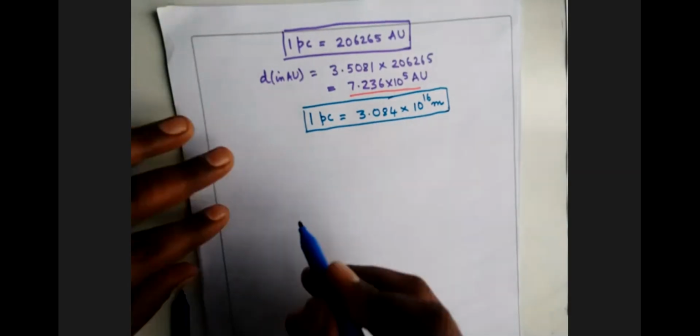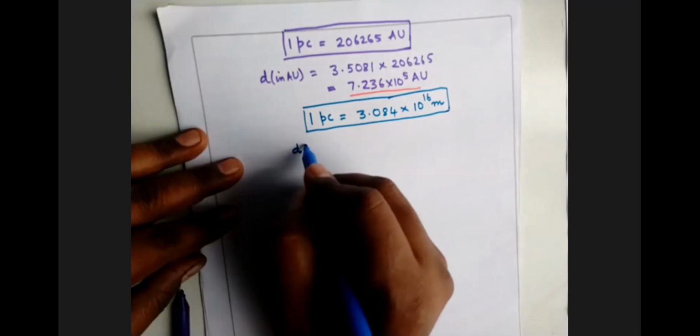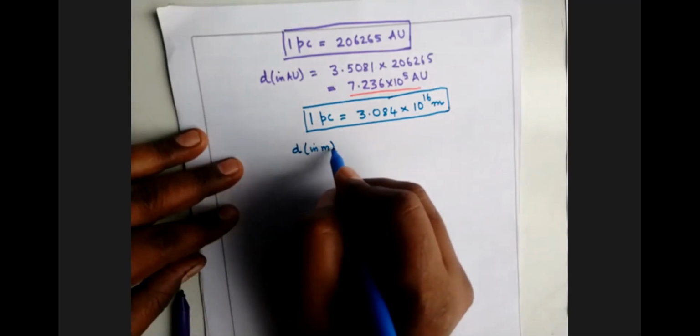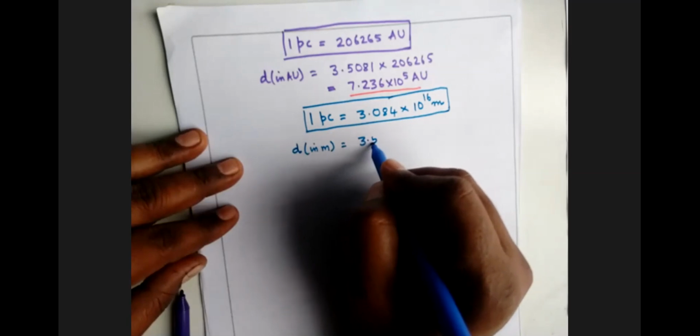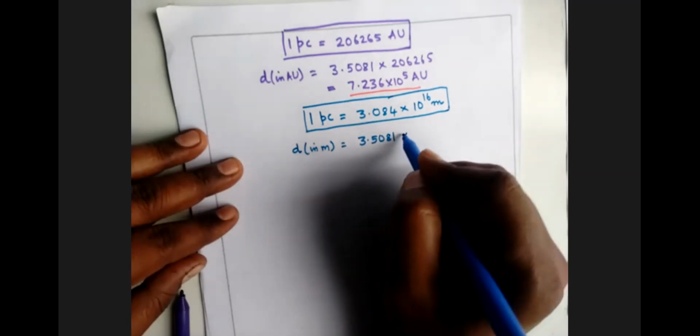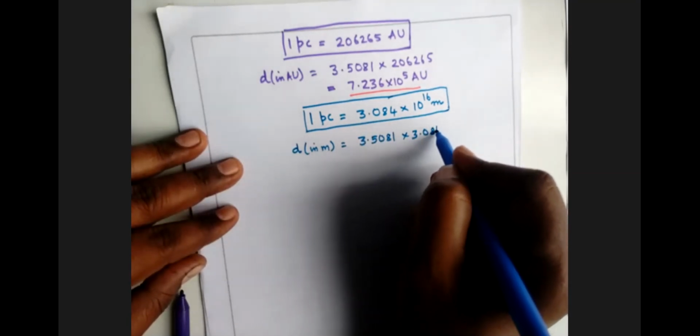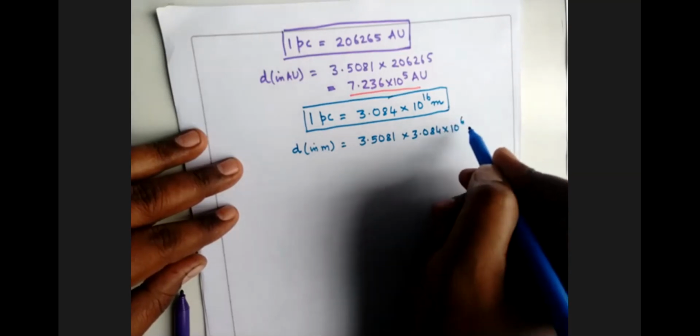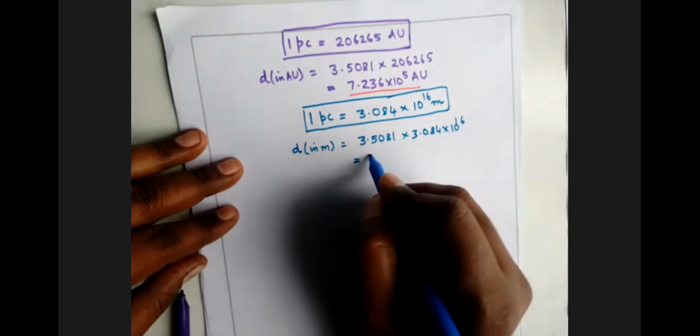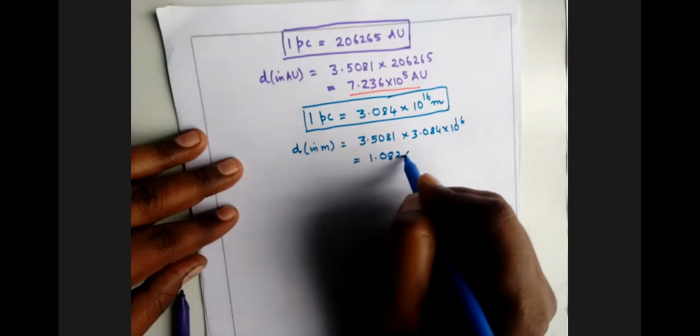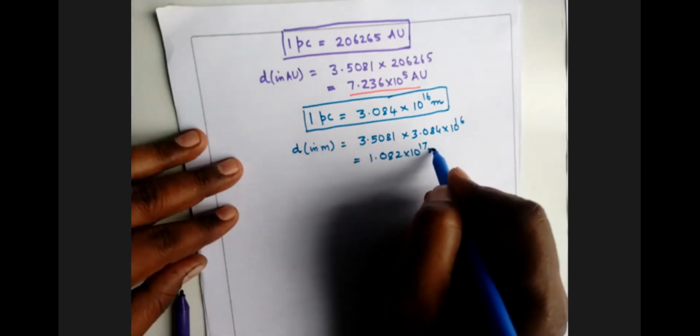This gives us the distance d in meters equal to 3.5081 × 3.084 × 10^16 meters, which is equal to 1.082 × 10^70 meter.